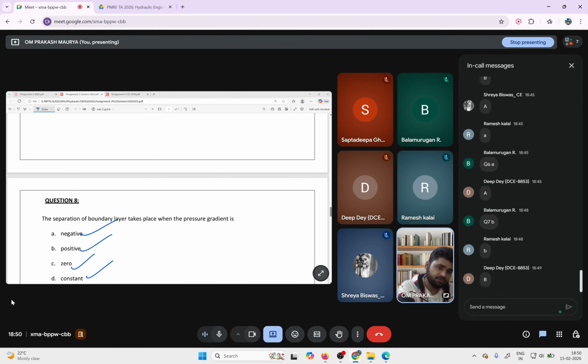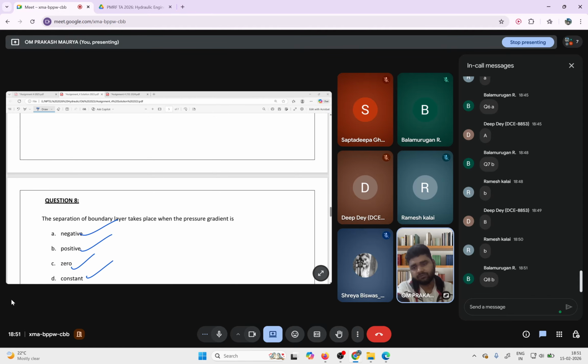I think Deep is telling B option, positive, for question number 8. Okay. Ramesh is also telling B. Other students, please also try to think and write your answer in the chat box because we have already solved this question. Okay, Bala is also telling B option, fine.